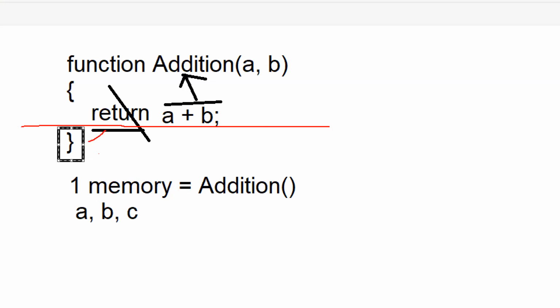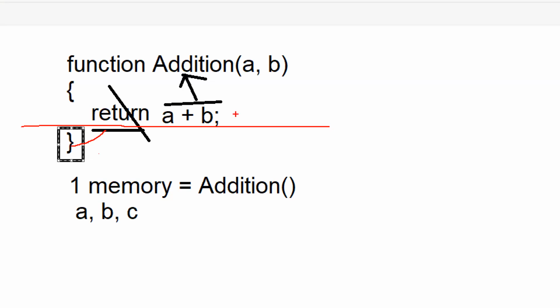If it goes to this location, the memory allocated for the function is deleted. Without going to that location, if I terminate, then the memory is still available.